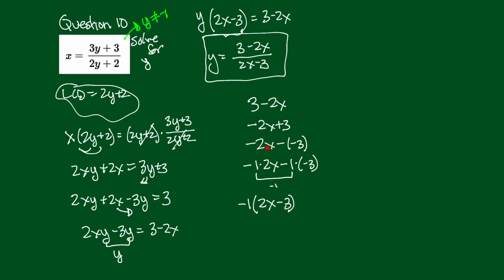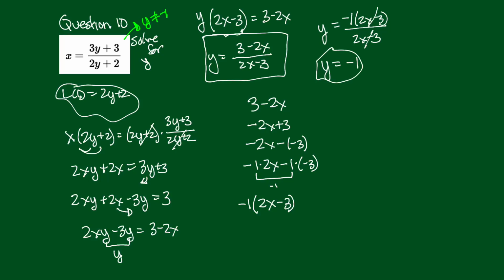That is another way to write this numerator up here. 3 minus 2x, I can turn it around as negative 1 times 2x minus 3. Then, if I put that all the way back here, here's what it's going to look like. We would have that y is equal to, now instead of 3 minus 2x, write it as negative 1 times 2x minus 3 all over 2x minus 3. The 2x minus 3's cancel, and we're left with y equals negative 1.